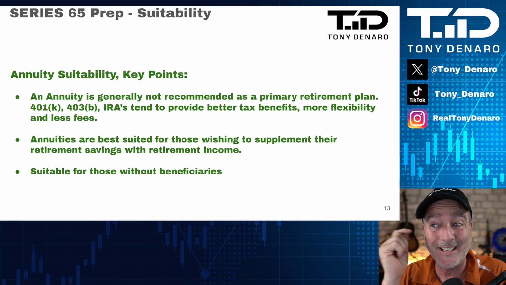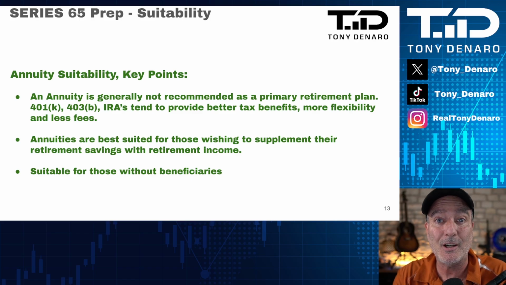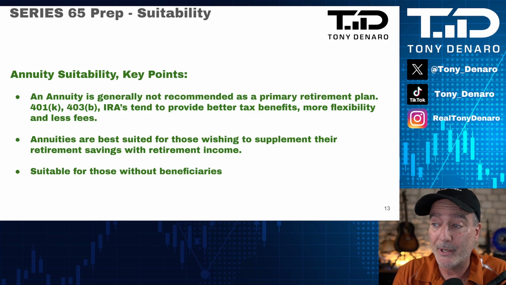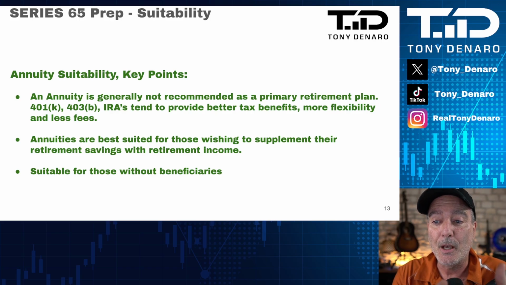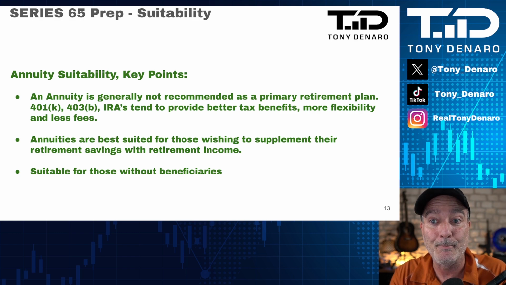An annuity is generally not recommended as a primary retirement plan. For primary retirement, we have 401k, 403b, IRAs, all of which tend to provide better tax benefits, more flexibility, and lower fees. Annuities are best suited for those wishing to supplement beyond those other types of retirement plans and potentially have retirement income.